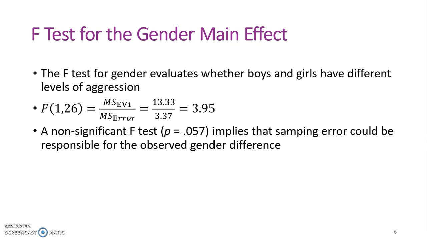A non-significant F-test implies that sampling error could be responsible for that observed gender difference. The p-value is 0.057, so it's really just on the cusp of the p equals 0.05 cutoff, but it is telling us that the gender difference is not significantly different. It's not large enough to be a meaningful difference.